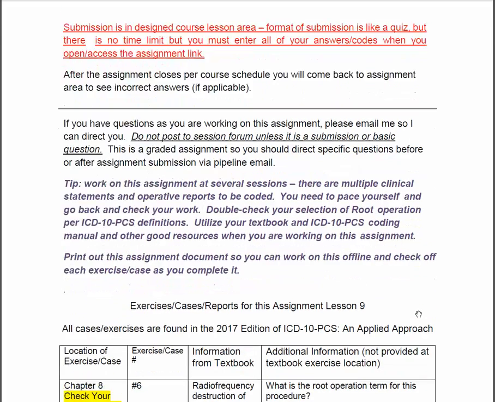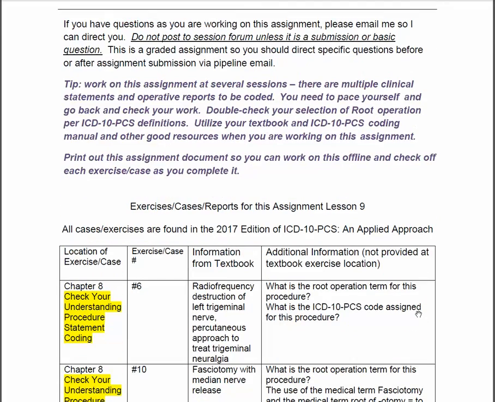If you feel that you're getting very stuck as you're moving through the process of coding these statements, if this presentation doesn't help you, please email me in Canvas so that I can point you in the right direction, so to speak. I will not confirm if you say, "Professor, I think I want to assign this code. Is this correct?" I'm not going to confirm or deny if your codes are correct, because that's what the submission is for.